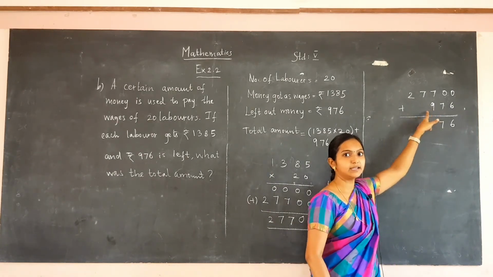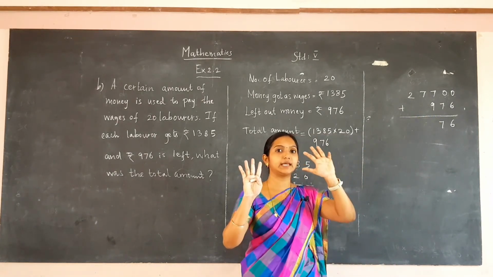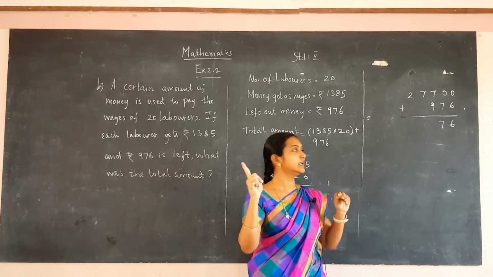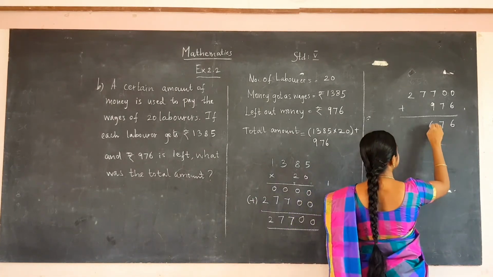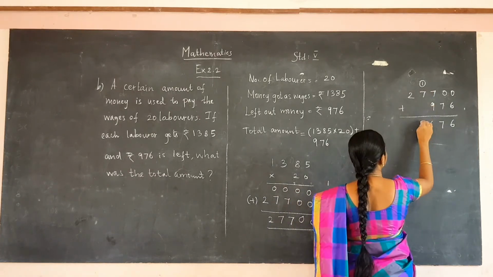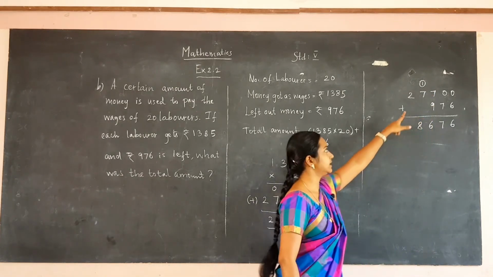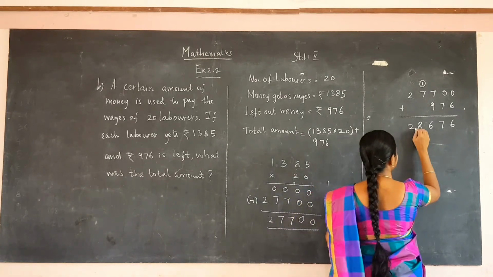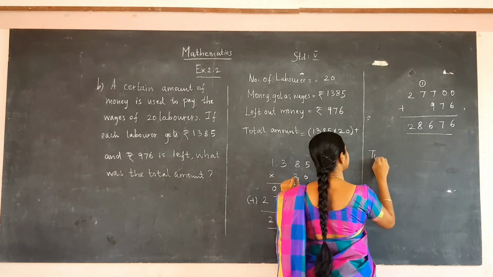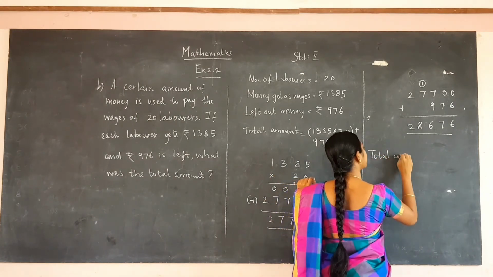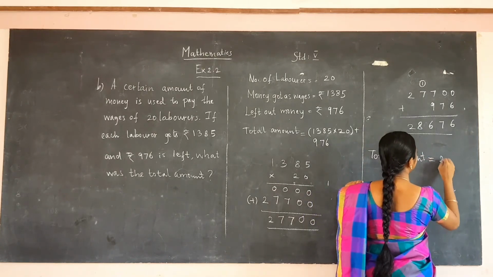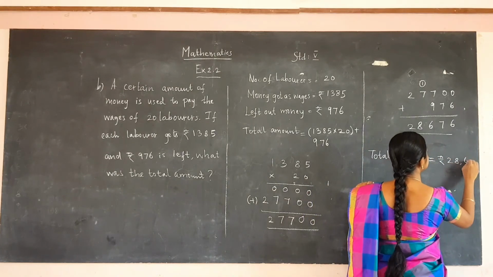Keep 7 in mind and 9 in fingers. Start counting: 8, 9, 10, 11, 12, 13, 14, 15 and 16. Put 6 here and carry 1 to the next place. 7 plus 1 will be 8. And here we don't have any number, so write 2 as it is. So the total amount will be rupees 28,676.